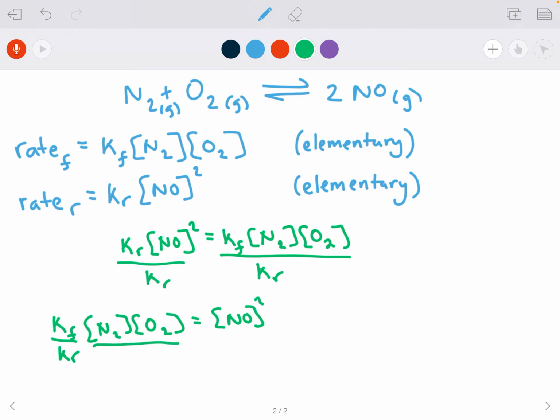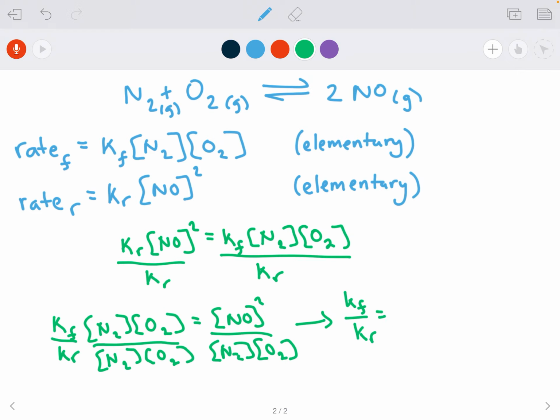Now I'll divide by the concentration of N2 and the concentration of O2. And this will give me Kf over Kr is equal to the concentration of NO squared over the concentration of N2 times the concentration of O2.